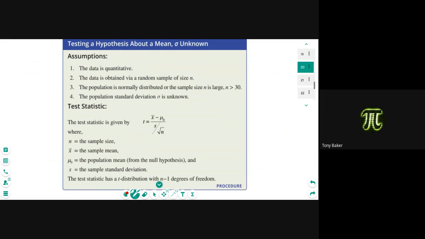Okay. So really, even the formula is almost the exact same. The only difference is it's a sample standard deviation instead of the actual sigma. That's really the only difference between these.